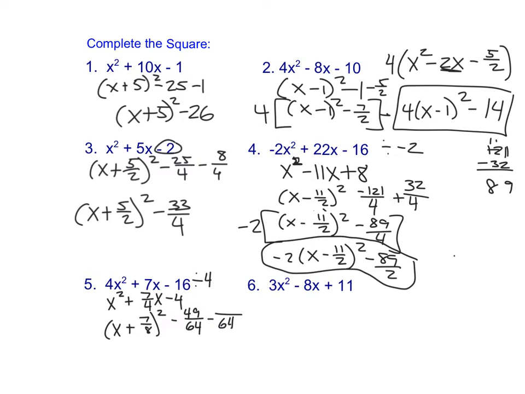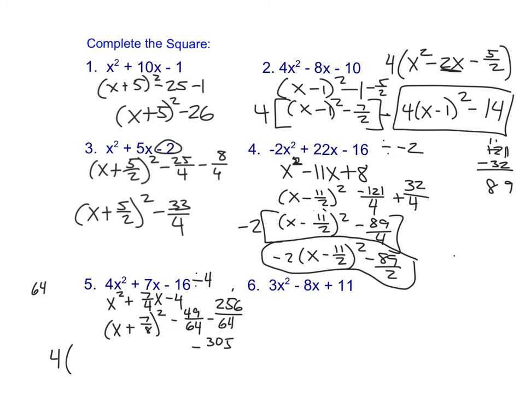So 64 times 4 is, I feel like I should know this. 64 times 4 is 256. And then we're adding, so that becomes 305.